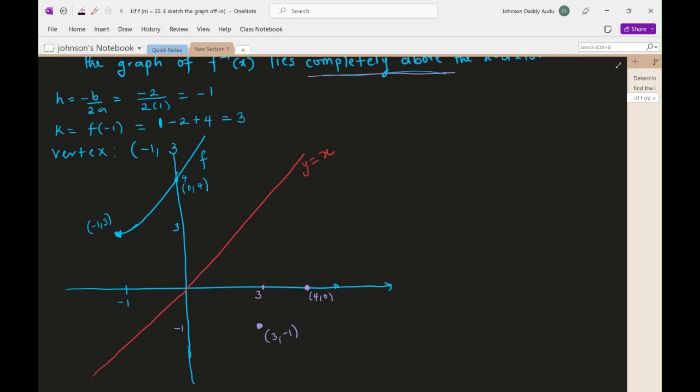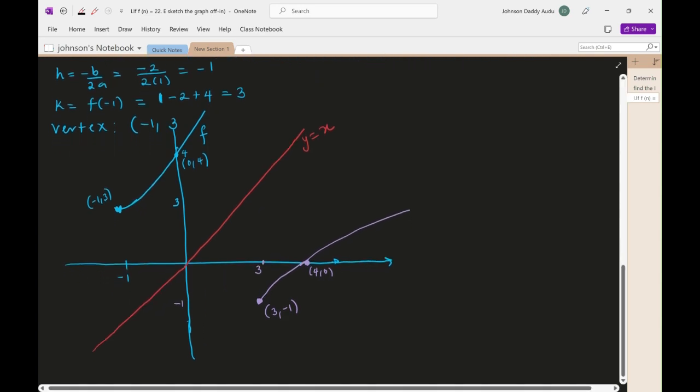Okay, so now we have an idea of what the graph will look like. This is just going to cut this line, so this will cut this way. It will cut here, and definitely it will keep going.